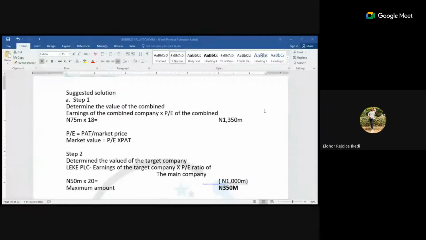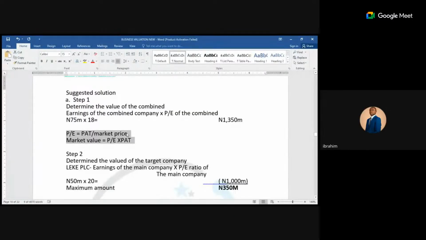I was asking in regards to step 2 and the formula you gave in getting the value of the target company. The formula you gave us is earnings of the target company, and you said the main company. Please, can you give us the earnings of the main company? Yes, this is the concept that we use, the PE ratio.